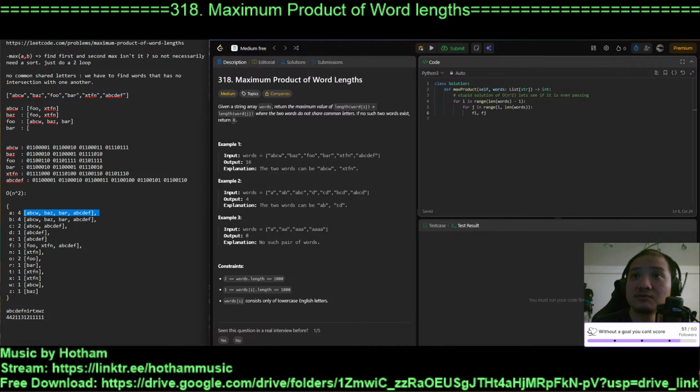Fi, Fj equal to, we have like a frequency, right? So frequency of i equal to 0 for i in 26, right? Because there's only 26 characters, right? 0 if, what's that?